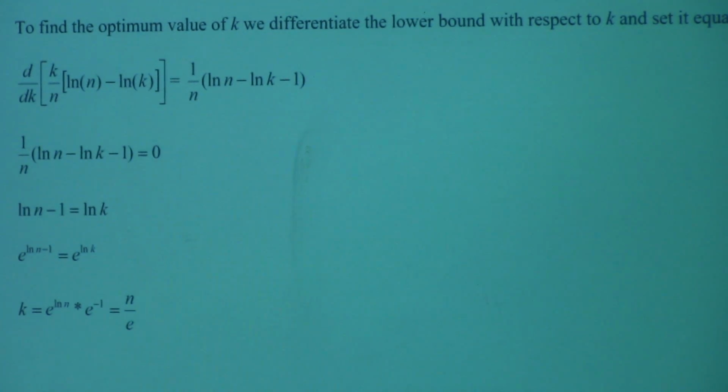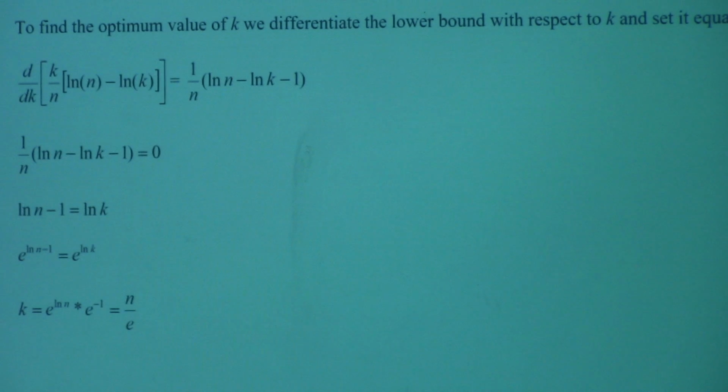That's going to be the derivative. We take this resulting derivative and set it equal to 0, and when we set it equal to 0, we can multiply out all the terms.